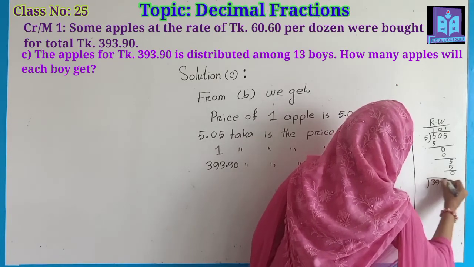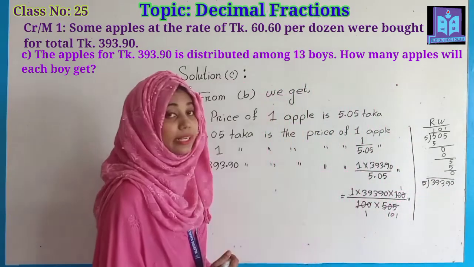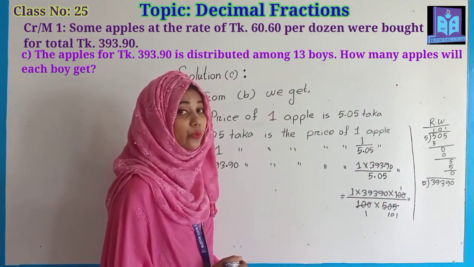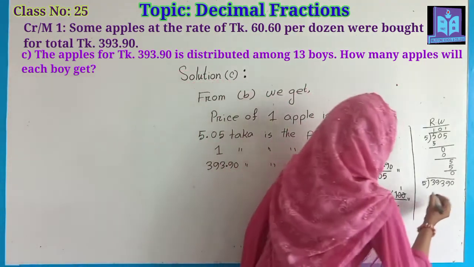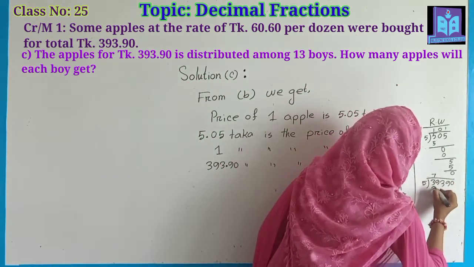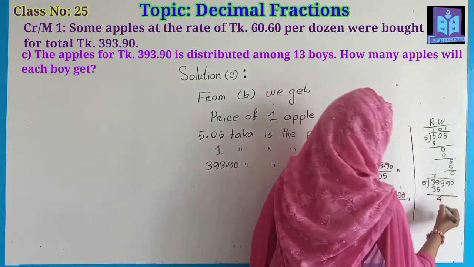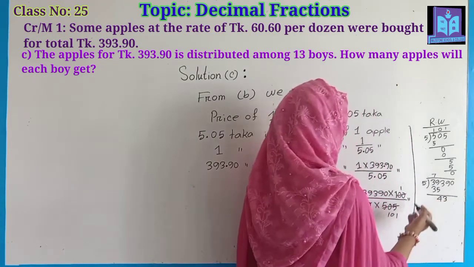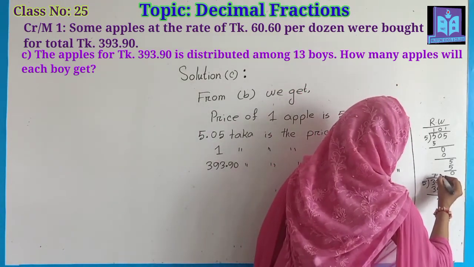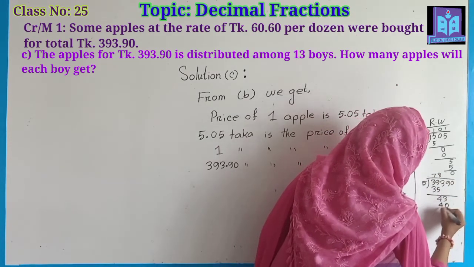Similarly, we are doing division. 39,390 divided by 5. In the times table of 5, how many times can you take? Yes, 7 times. 5 sevens are 35. There is 4 left. Now we will put another digit, 3. We got 43. That's why we can take 8 times. 5 eights are 40.